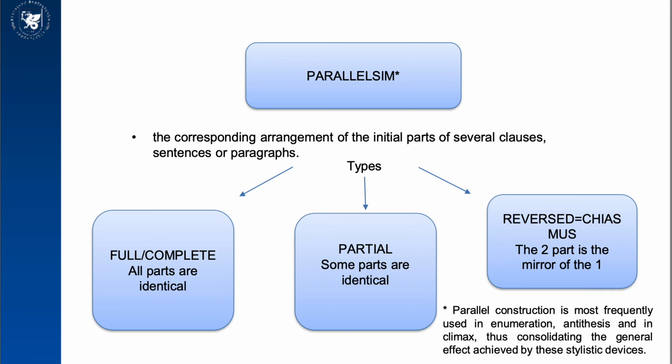Partial, when some parts are identical, and reversed, or chiasmus, where the second part is the mirror of the first. And one more thing to add: parallel construction is most frequently used in enumeration, antithesis, and in climax, thus consolidating the general effect achieved by these stylistic devices.